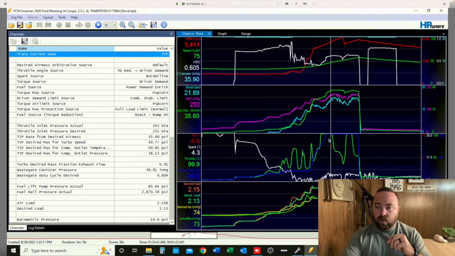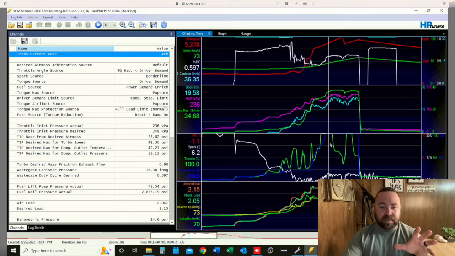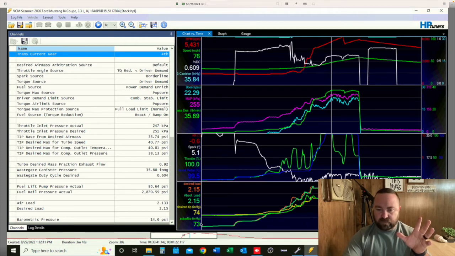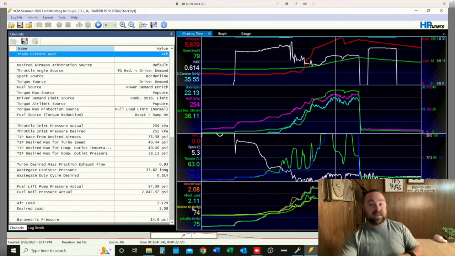So over here we see that we have the throttle blade and the torque pedal both at 90% or higher. So they're both wide open, and they're still there at 22.2. Actual TIP is below desired, and air load has not maxed anything or hasn't passed anything. But if we come over here, we can see that our absolute has passed desired and our actual TIP has passed desired TIP.